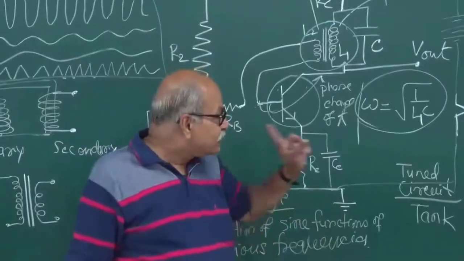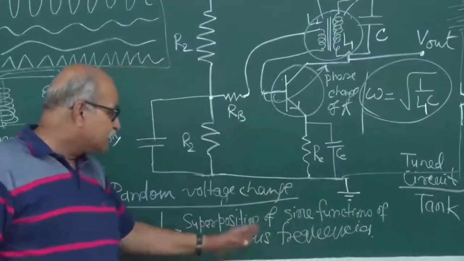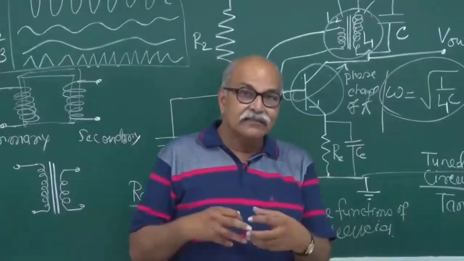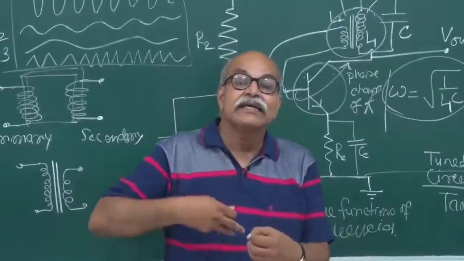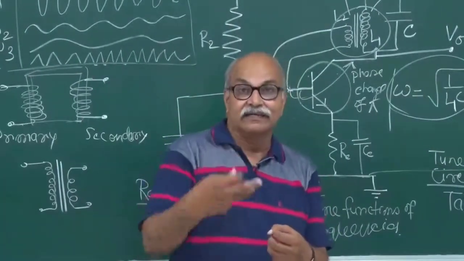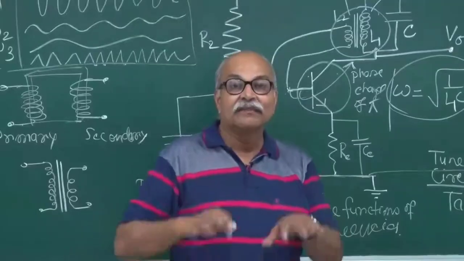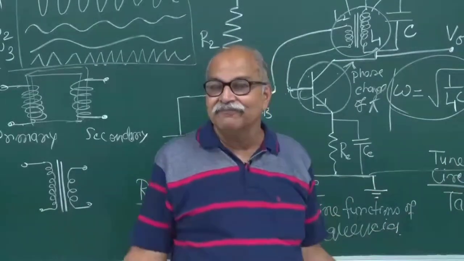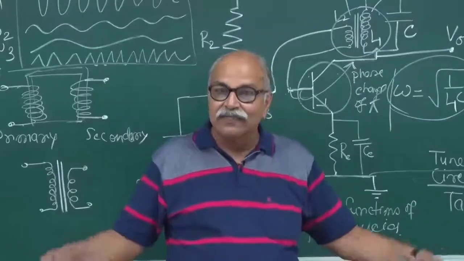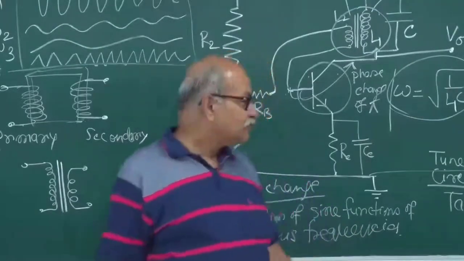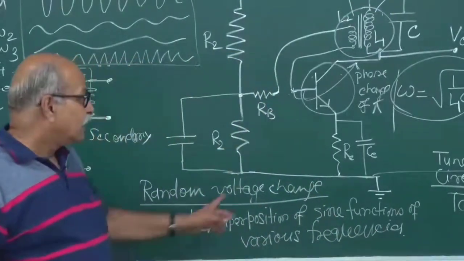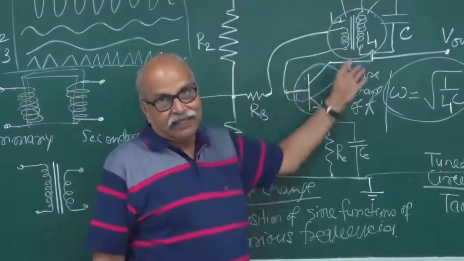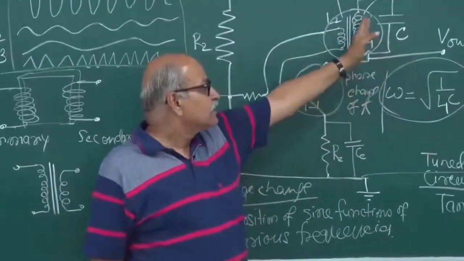So out of the many frequencies which are there, it is selecting its own frequency, and that component will get enhanced again and again, and the remaining will die out. So after a very short time, the other components all die out, and finally there is only one component, and then you have your cycle, and you get your output with that kind of voltage.